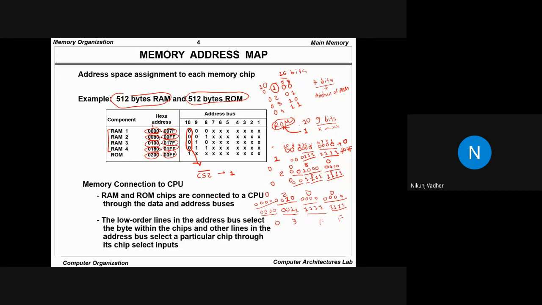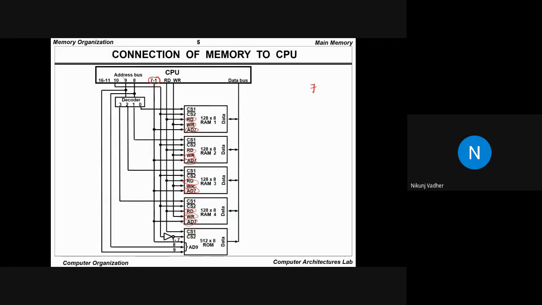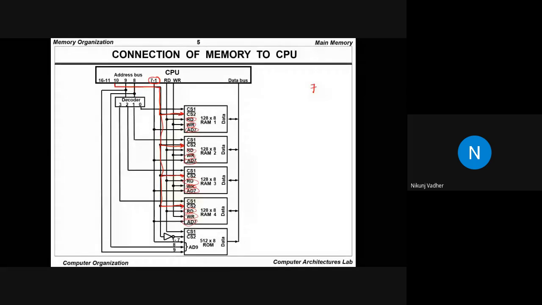Bit 10 will be directly given as input to chip select 2 complement, and chip select 1 will be given via the decoder.